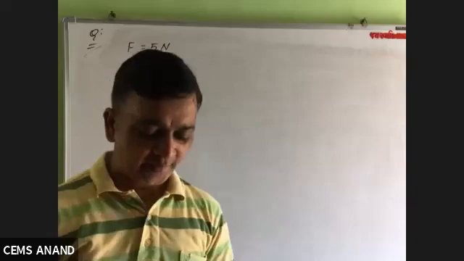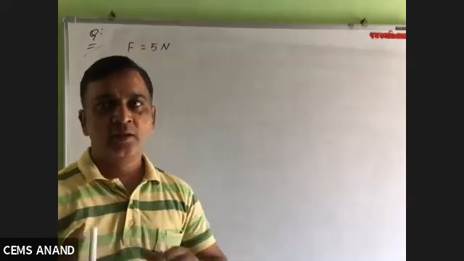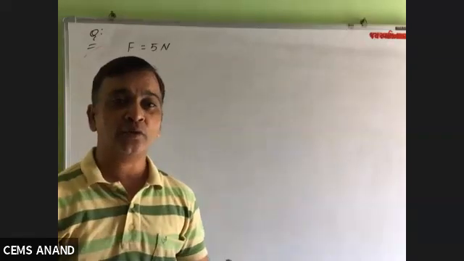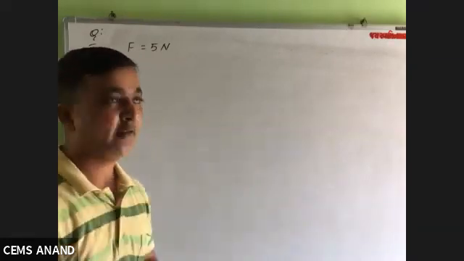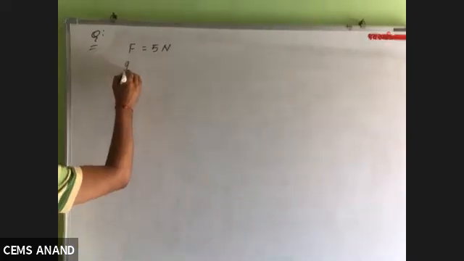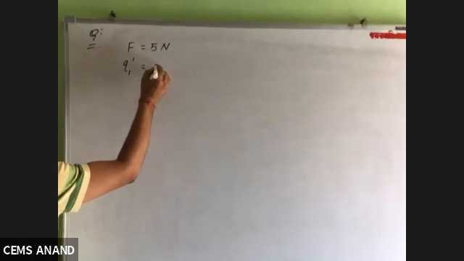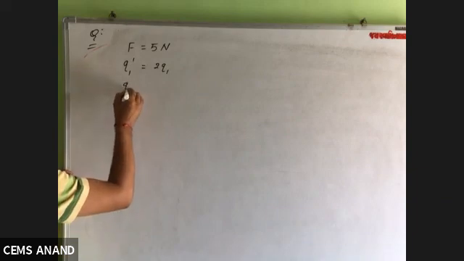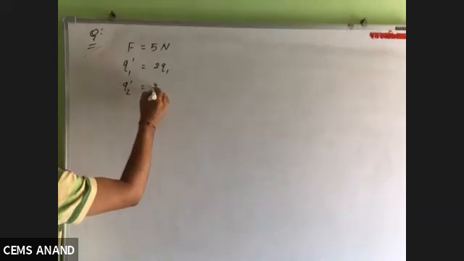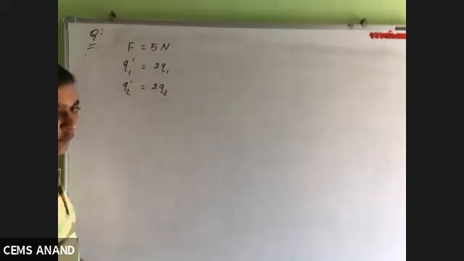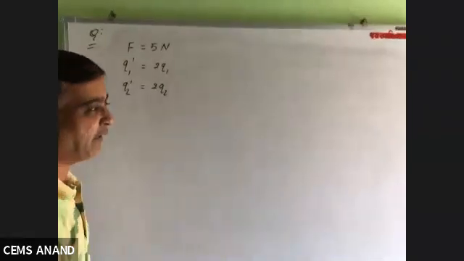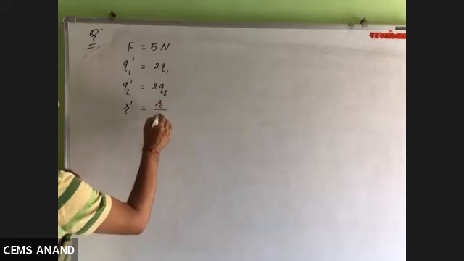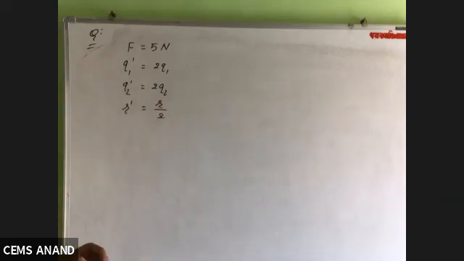Now, the condition given is that the magnitude of both charges is doubled. That is to say, Q1 dash equals 2Q1 and Q2 dash equals 2Q2. Both the charges get doubled and the distance between them gets halved. R dash becomes half of the first one.